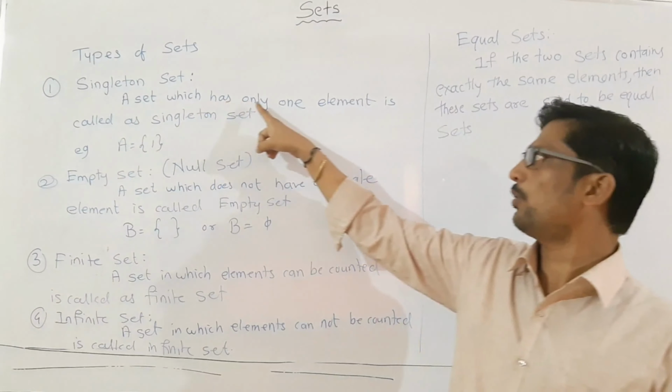After that, we should know about equal sets. Whenever we say that two sets are equal, that means they have exactly the same elements. If two sets contain exactly the same elements, then they are said to be equal sets. For example, A is 1, 2, 3, 4, 5, and I take another set B: 2, 4, 3, 1, 5.